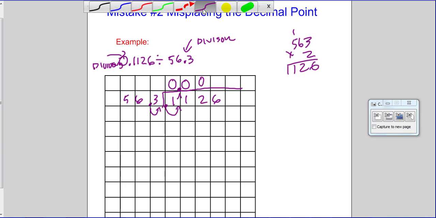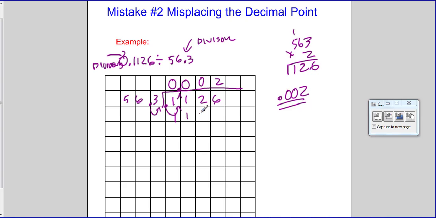So it should be 2 here. So my final answer is 0.002. Because 2 times 563 is 1126, so I get a remainder of 0. So it goes in exactly 2 times.